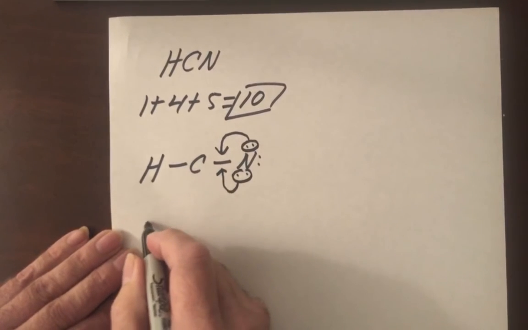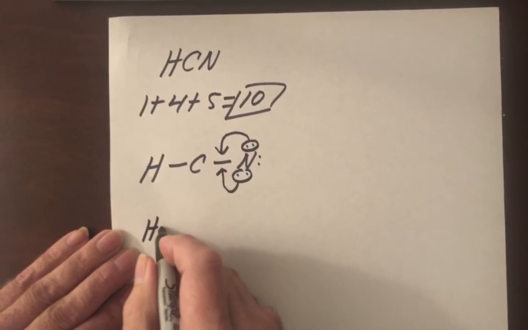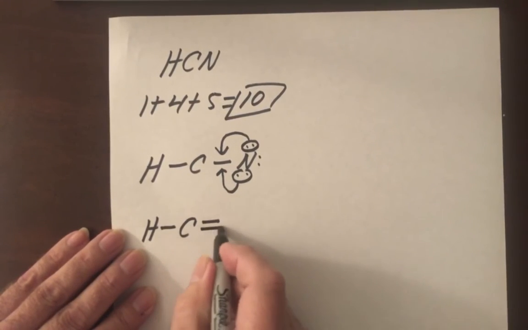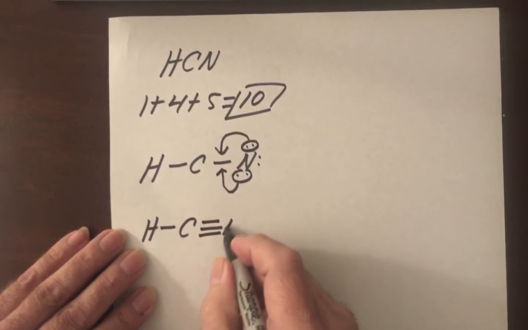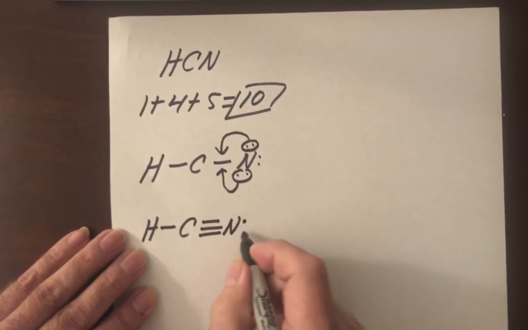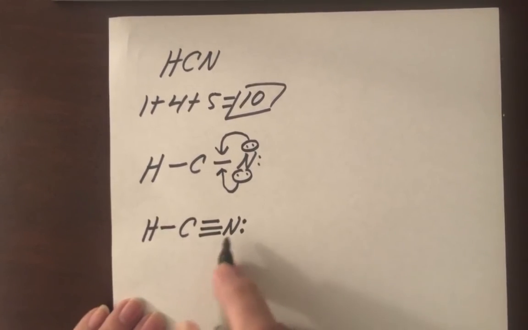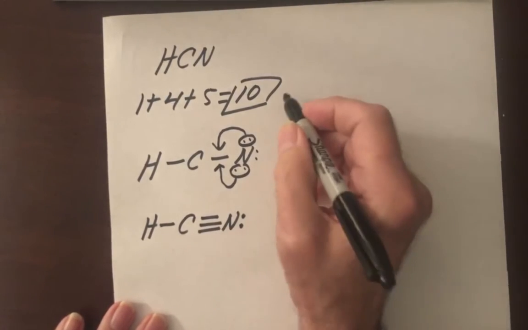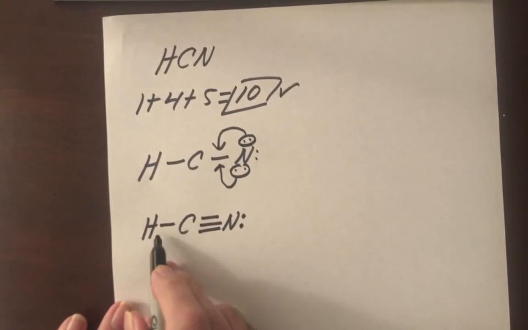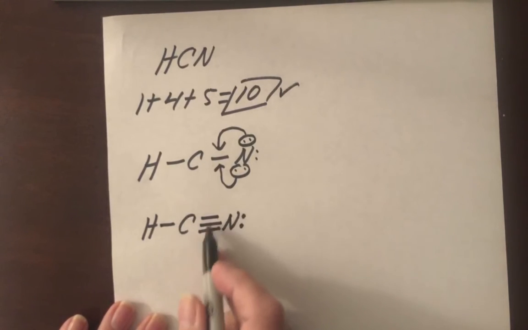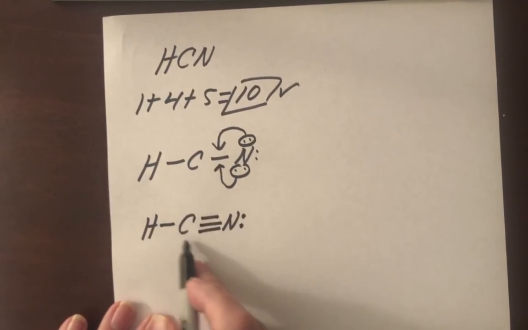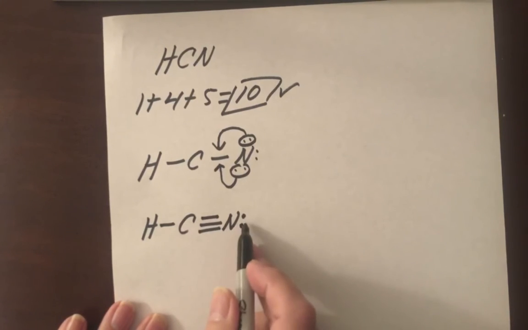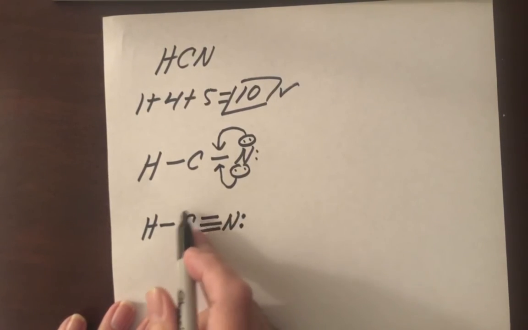So this means that carbon and nitrogen are going to have a triple bond between them. Okay, so now I've used 2, 4, 6, 8, 10 electrons, and every atom except hydrogen is surrounded by 8. Carbon has 4 bonding pairs, nitrogen has 3 and 1 lone pair. Nonetheless, each has 8 around it.